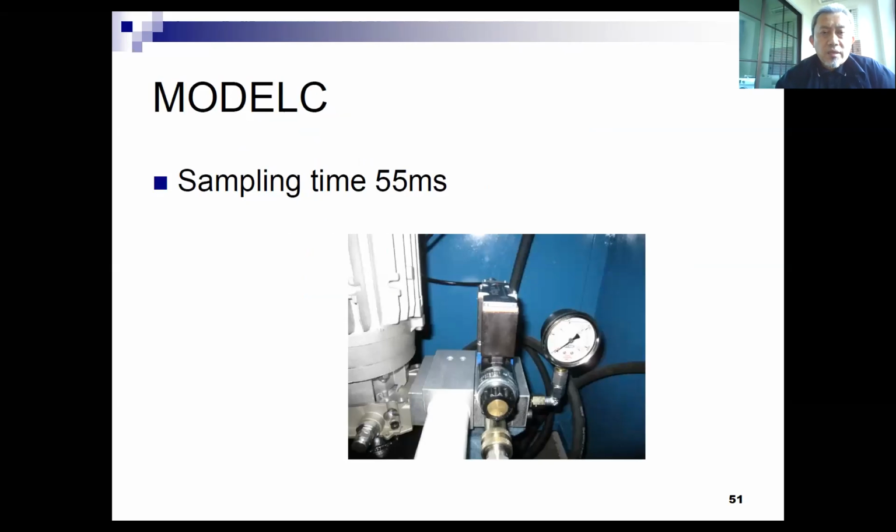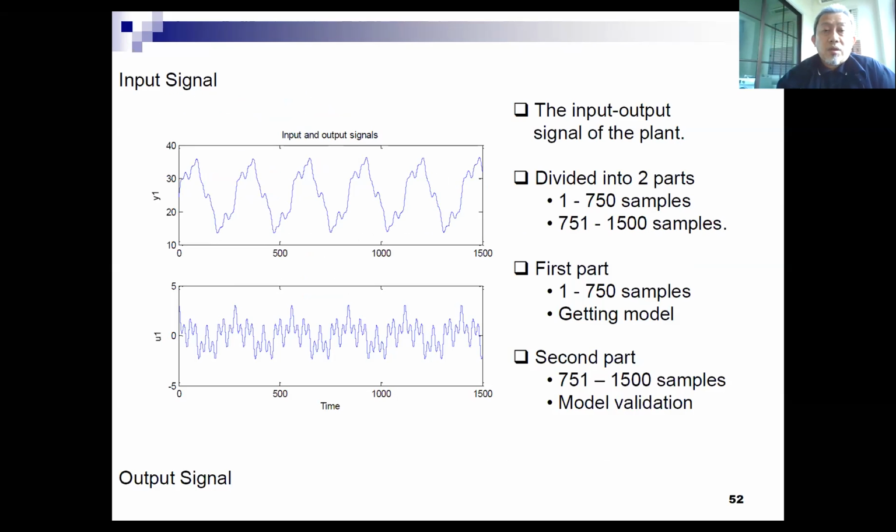Then we conduct another experiment, which is model C, where we use the higher sampling frequency. We change the sampling time from 50 milliseconds to 5 milliseconds. When you plot the data, we have 1,500 samples of data.